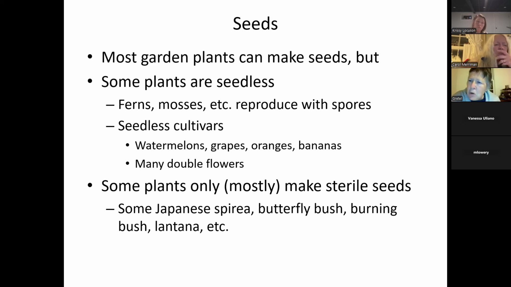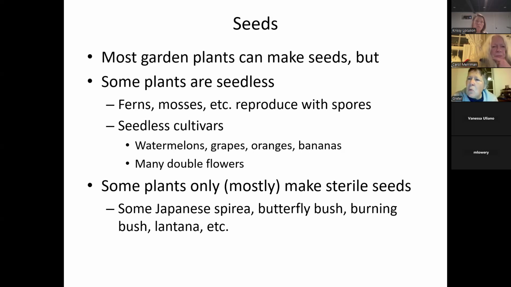Some plants mostly make sterile seeds, and this ends up being a giant debate between growers and ecologists or environmentalists. For example, burning bush mostly makes sterile seeds, or butterfly bush mostly makes sterile seeds, but it makes millions of seeds.